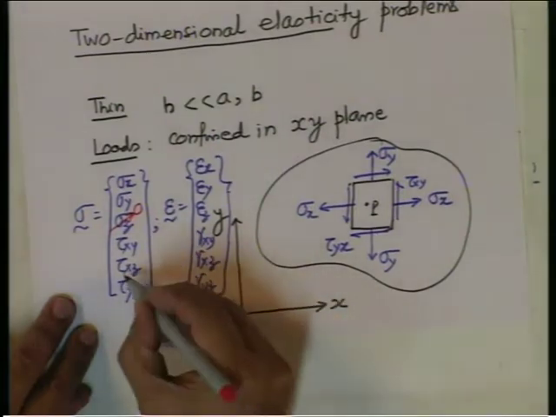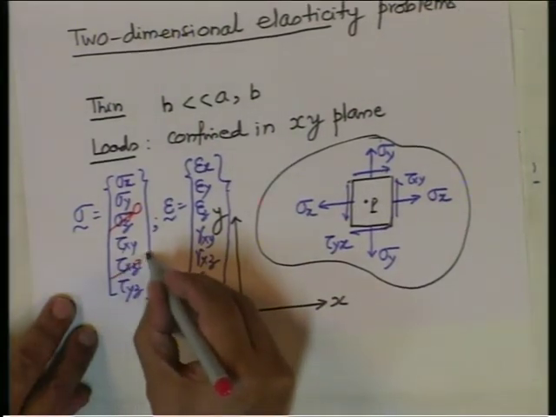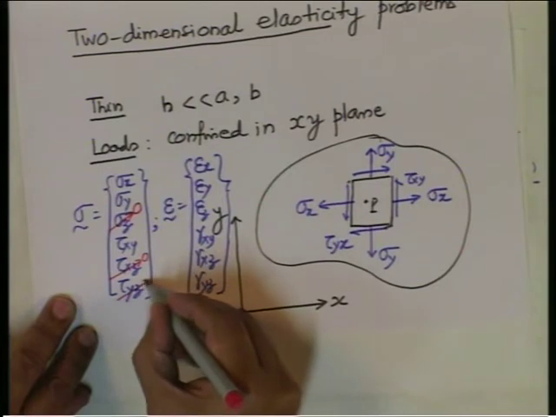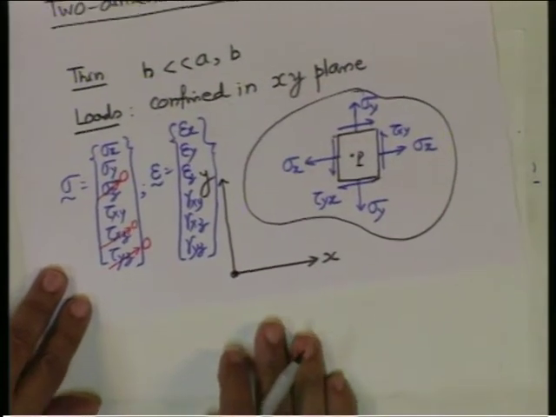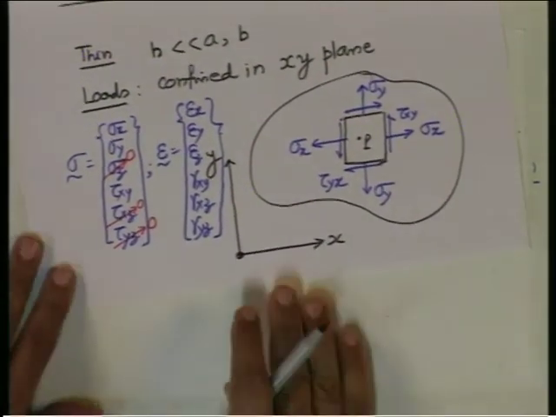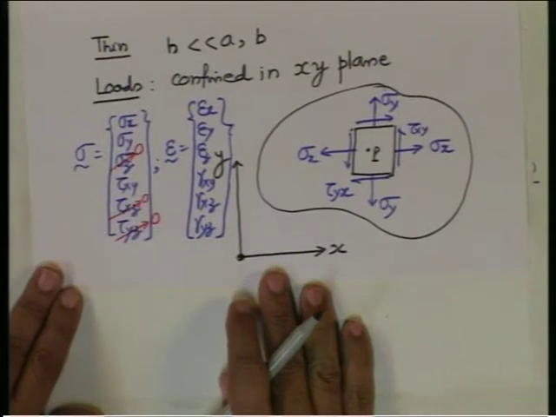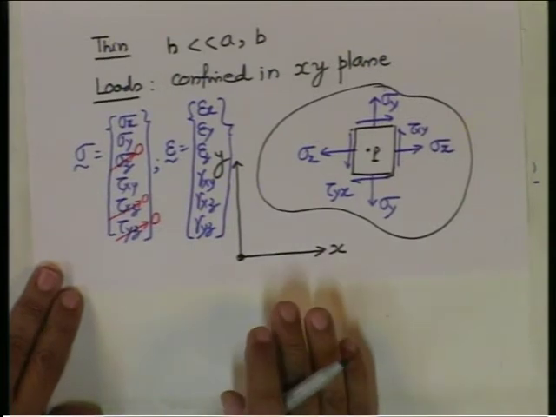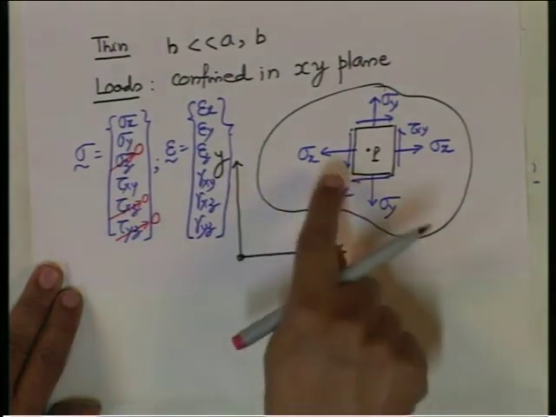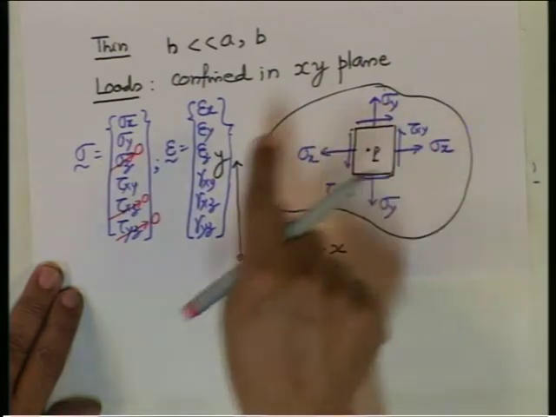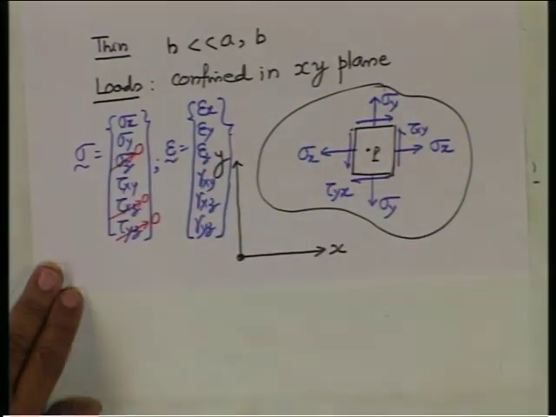There is no shear stress in the xz plane, and this also does not exist. All these 3 stress components become 0, and we are left only with sigma x, sigma y and tau xy out of 6 components.